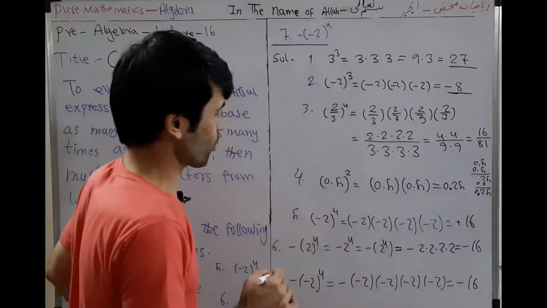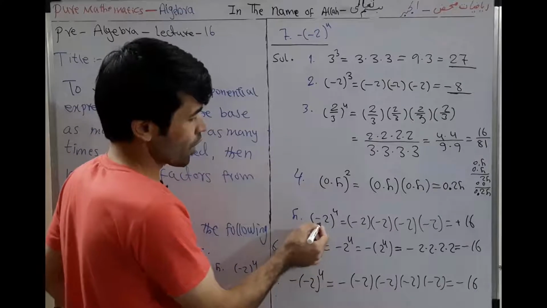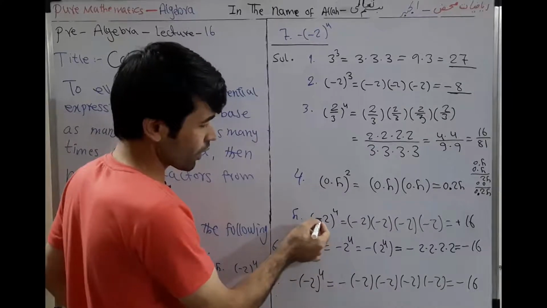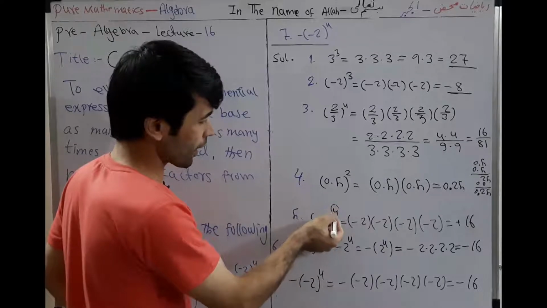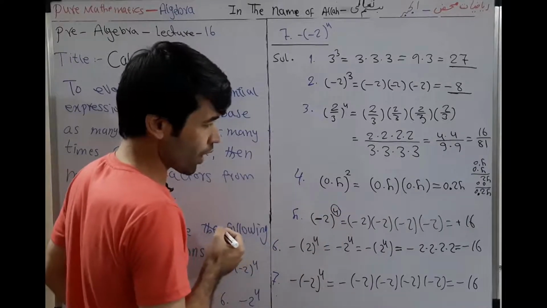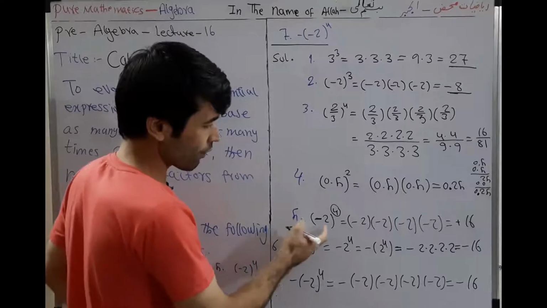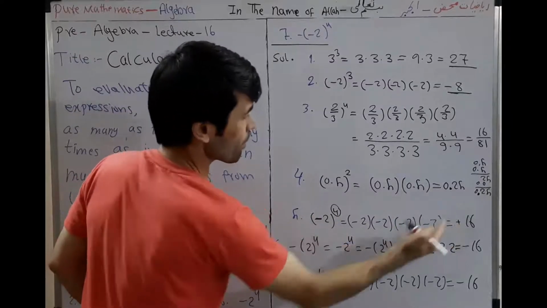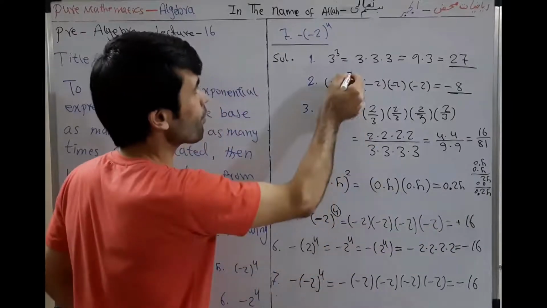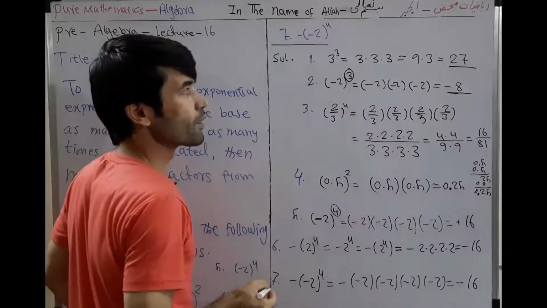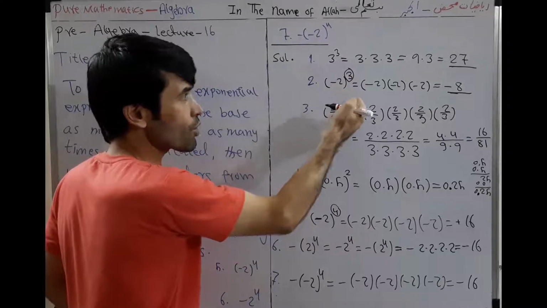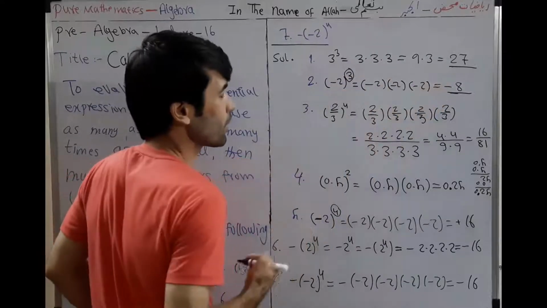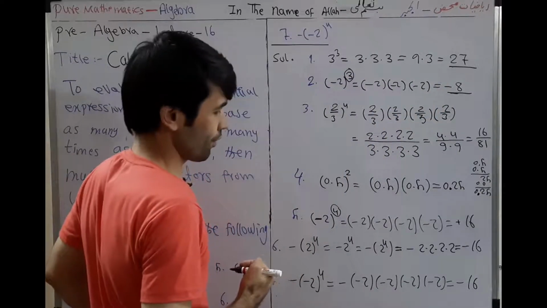We should be careful, especially when a base with a negative sign is inside a bracket. If the exponent is an even integer, the result will become positive. If the exponent is an odd integer, the result will become negative.